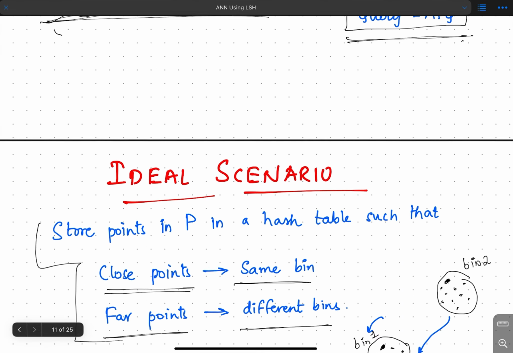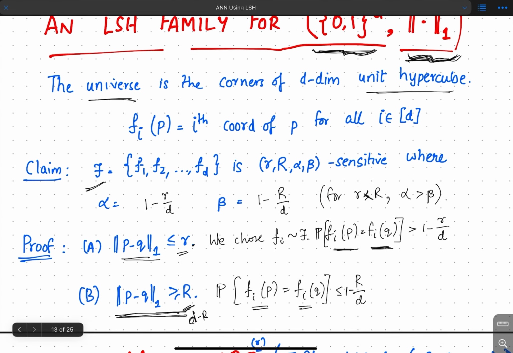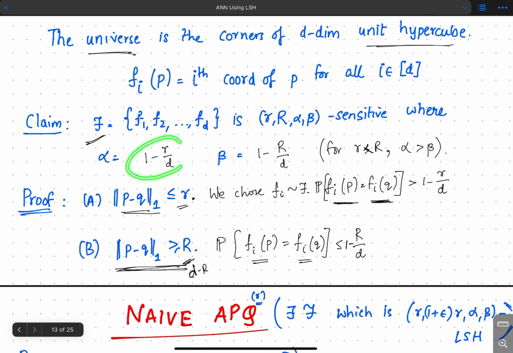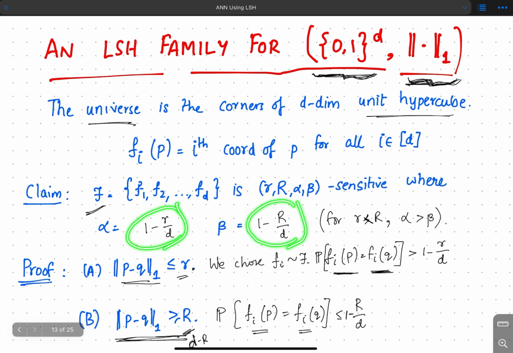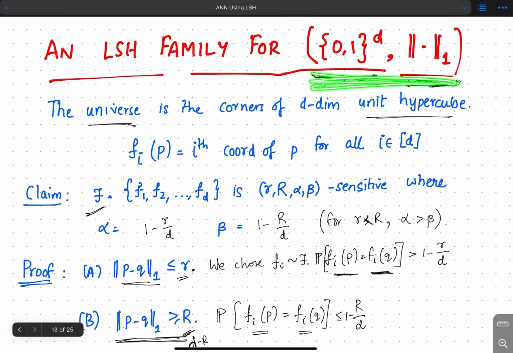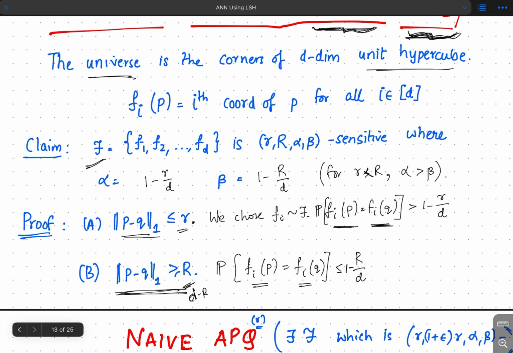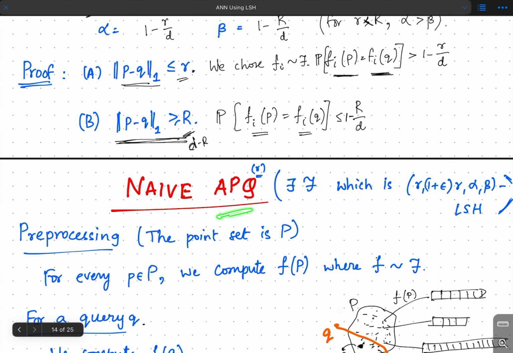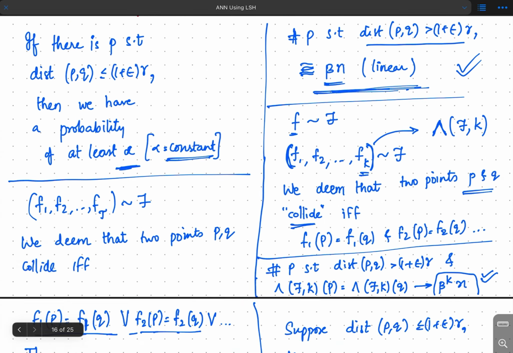So alpha is given by this, beta is given by this for the hypercube metric with the Hamming distance as the distance function, and we choose (1 plus epsilon) times r because while solving APQ, that's the gap that we want to differentiate.